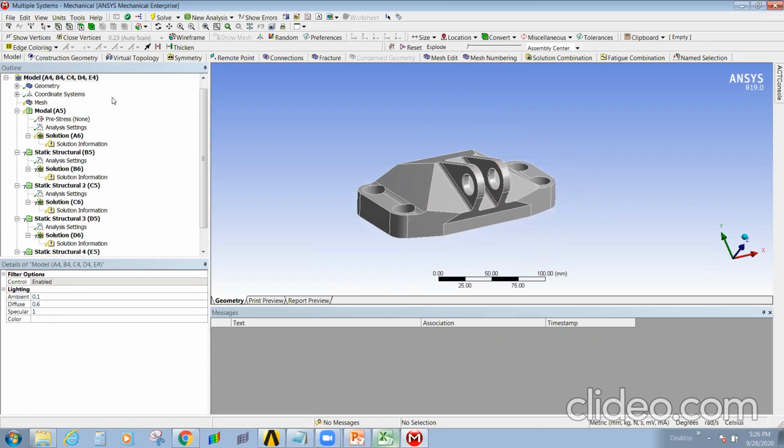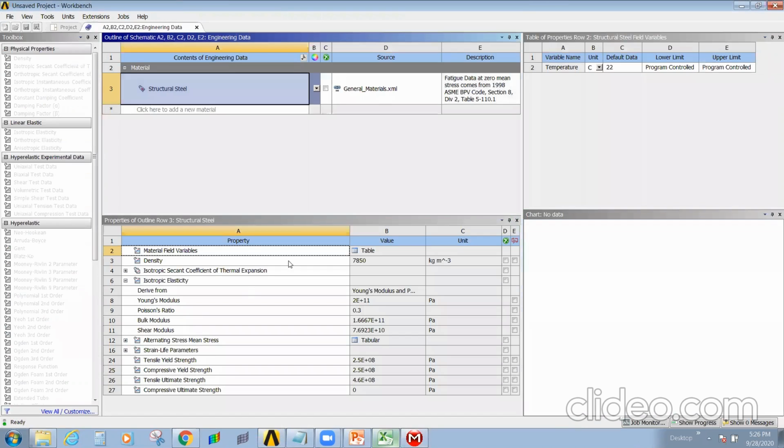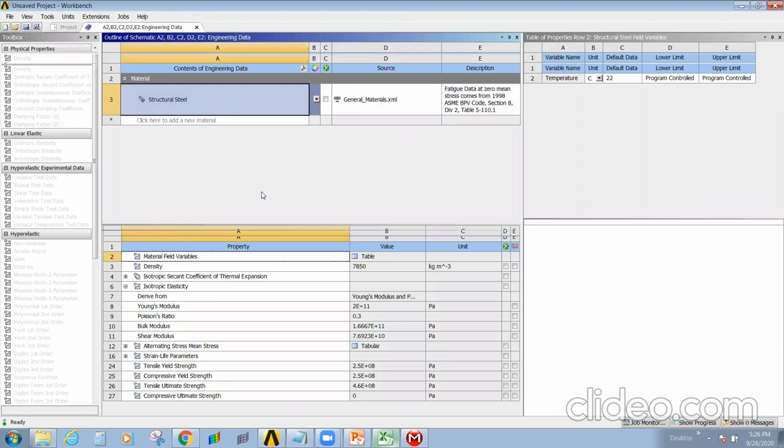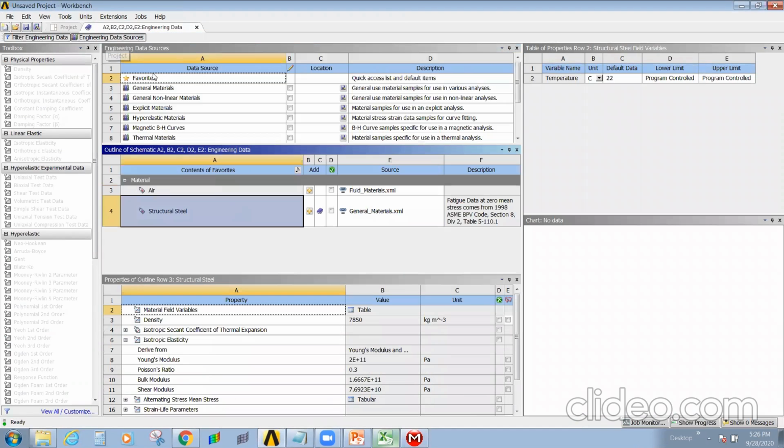Now you go back and check your geometry, which material it is: structural steel. Now you need to change it, but you can't change it here. So we'll go back, or you can change at this point.